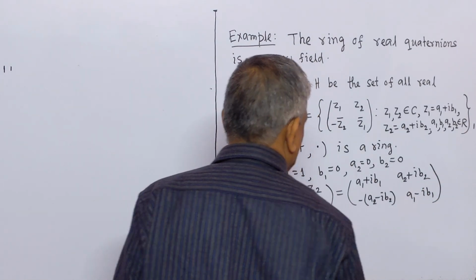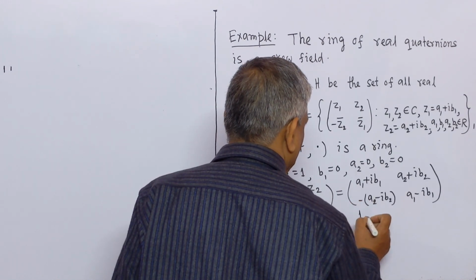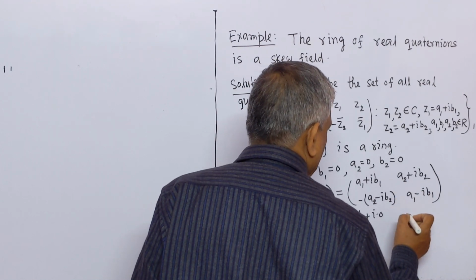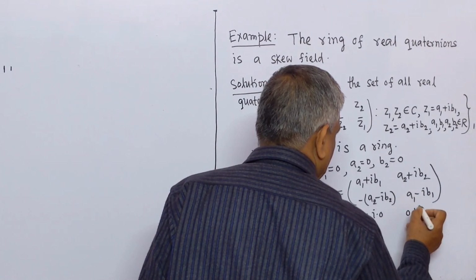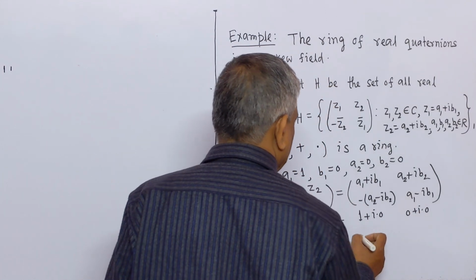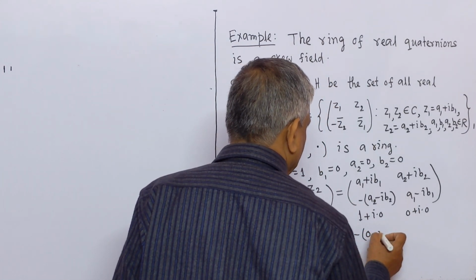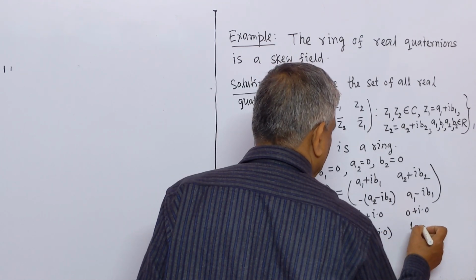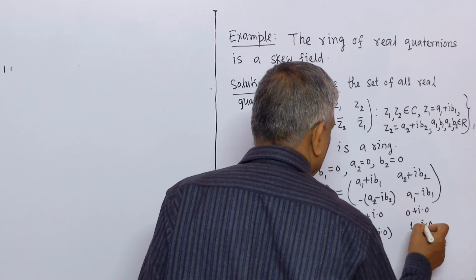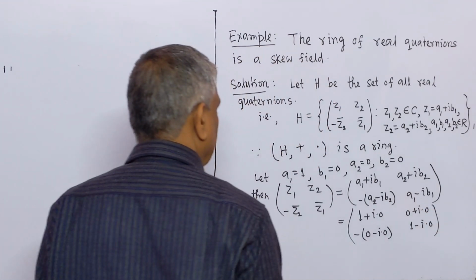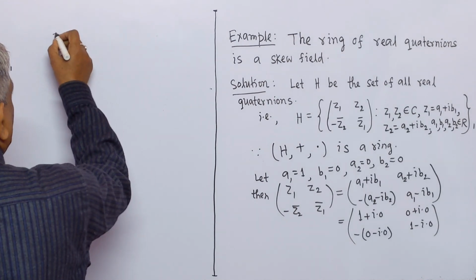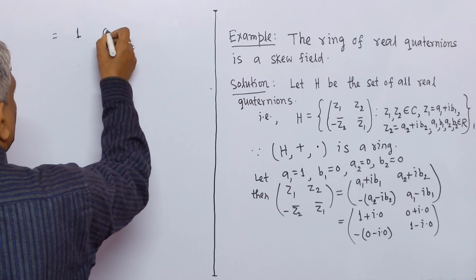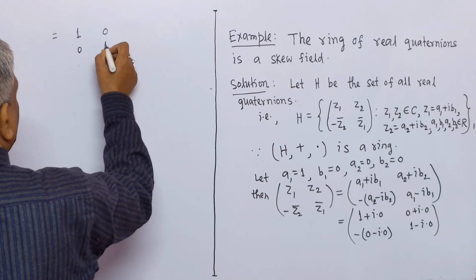This equals A1 = 1 + i·0, A2 = 0 + i·0, minus A2 = 0 minus i·0, and A1 = 1 minus i·0. This equals the matrix 1, 0, 0, 1.